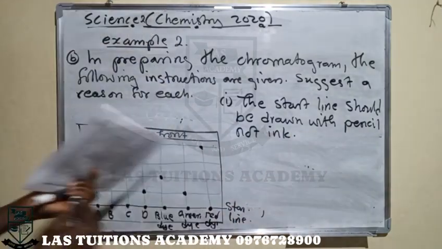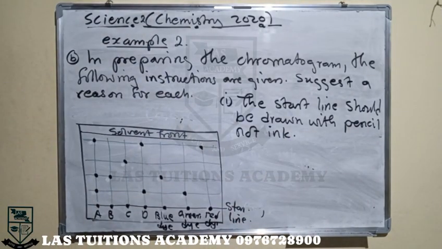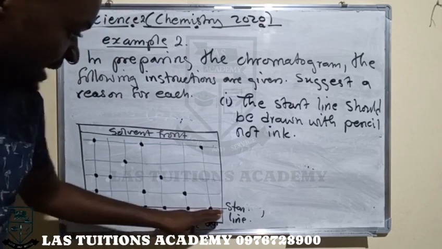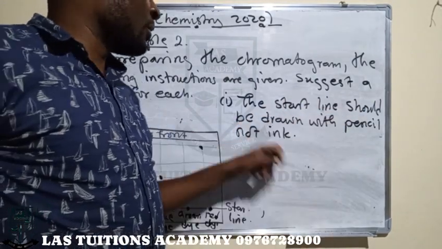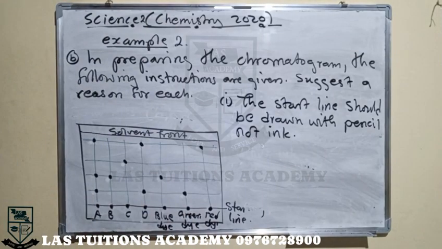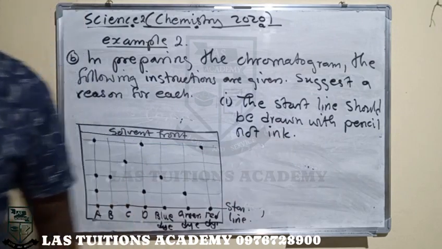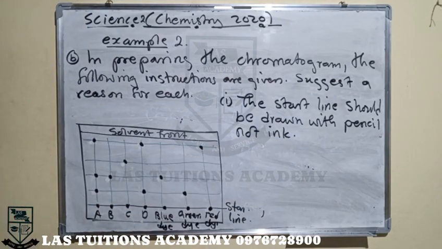Okay, so one of the instructions before you work out this chromatogram is that the starting line, this one here, should be drawn with pencil, not ink. Can someone quickly explain, from what we have learned, or whatever they have heard, why should we use a pencil here, not ink?